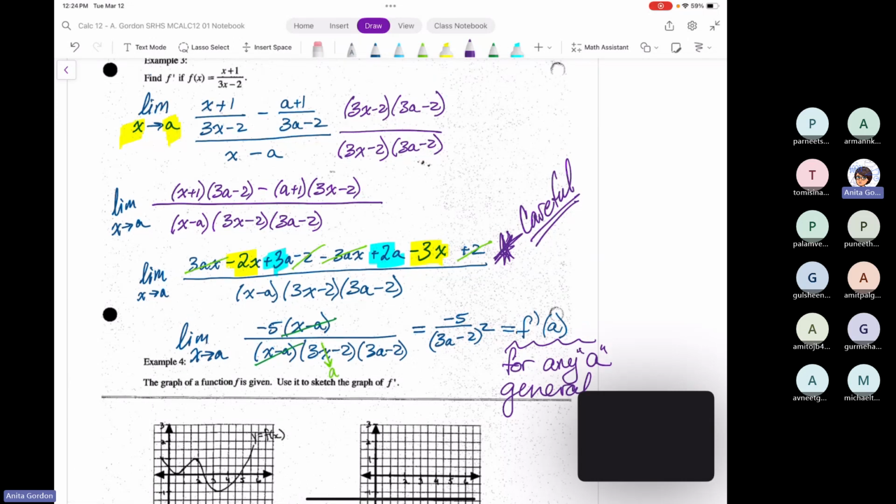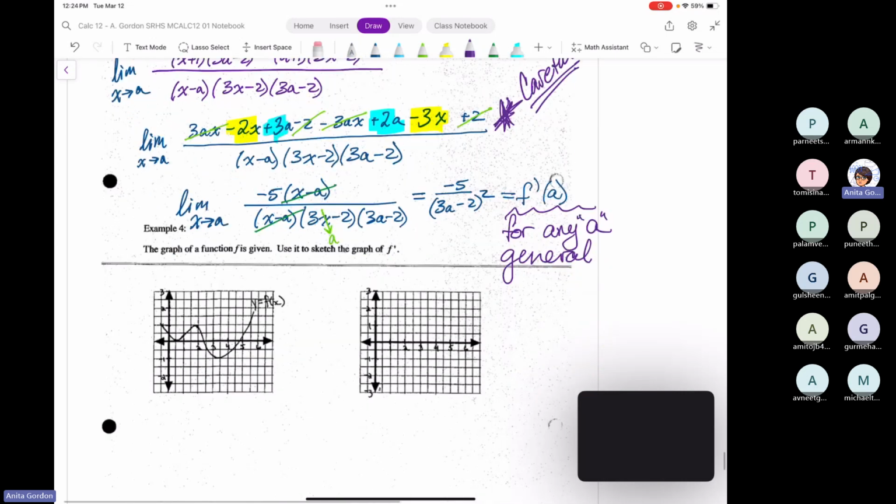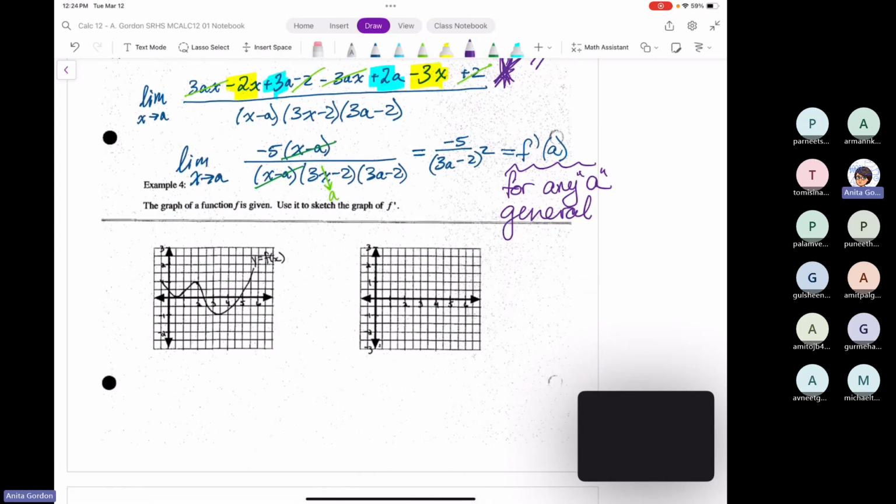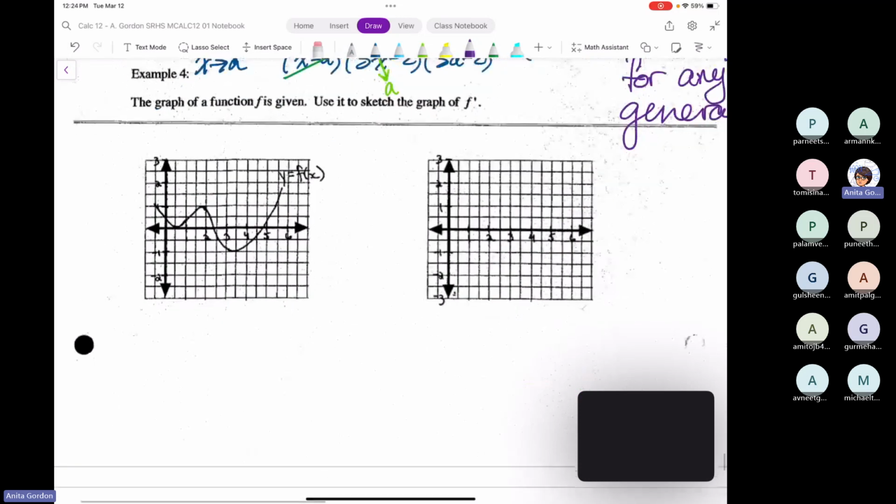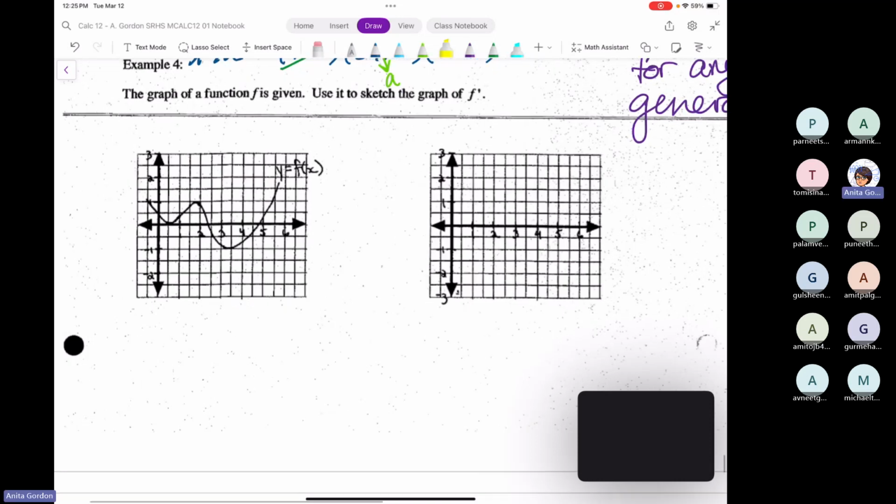Are we comfortable to move on to the second or the third example or fourth example, I guess? Okay, here is where you need to understand the definition and the idea of a derivative. We are given a sketch of the function f. Here it is. It's this loopity-loop thing.